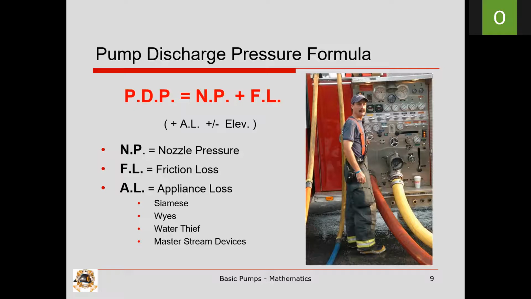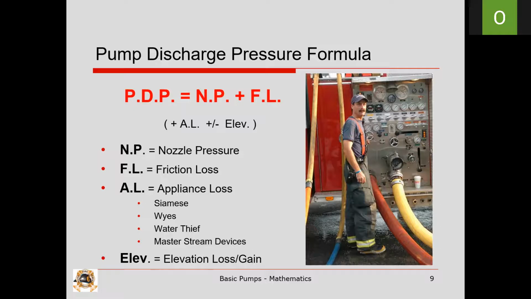We do use master stream devices, and basically there's random numbers anywhere from 8 to 15 pounds each time that you apply a master stream device or any type of these appliances. Rule of thumb that I've always used, add 10 pounds for the appliance. Kind of catches it right in the middle so that you're not under pumping it very much or over pumping it very much.